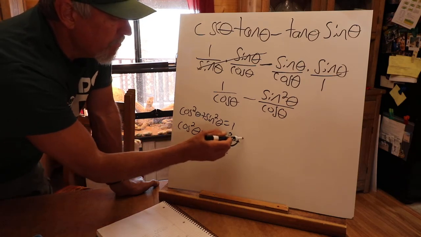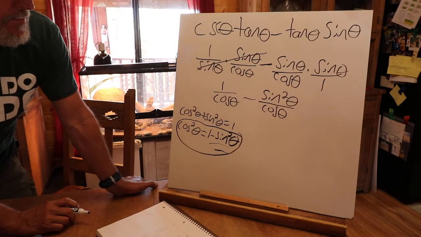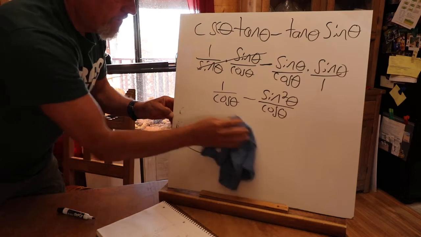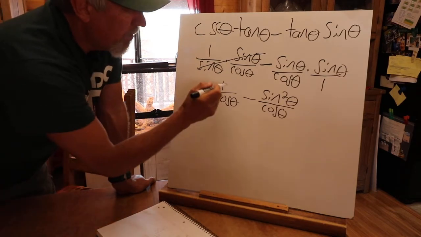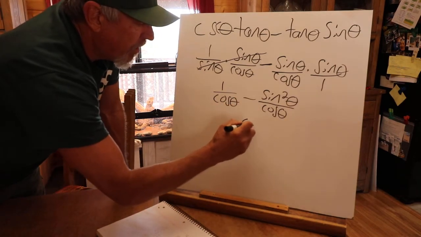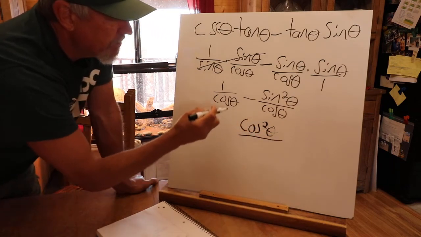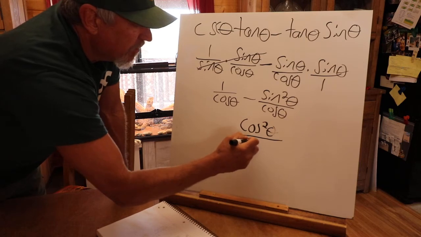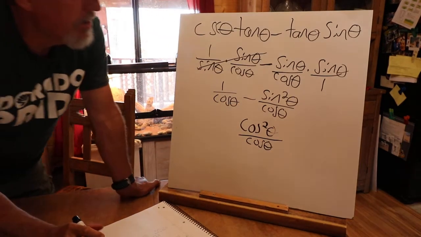I am going to use this for my next step. So I'm going to erase this. 1 minus sine squared of theta is the same thing as cosine squared theta. So I'm going to now write it cosine squared theta. And this is a common denominator, so I'm only going to write it once. Just a cosine theta. I don't have to write them both if I put it over one fraction bar.